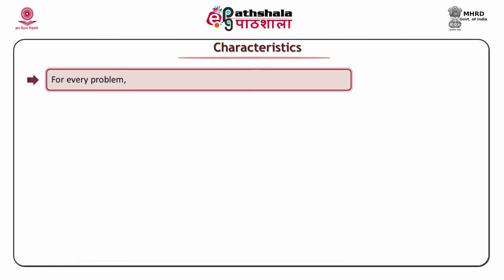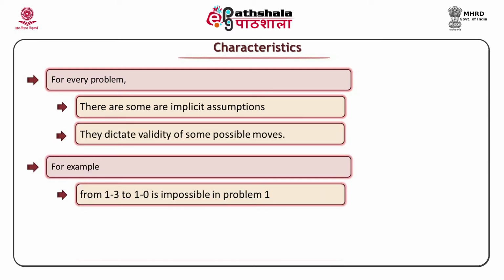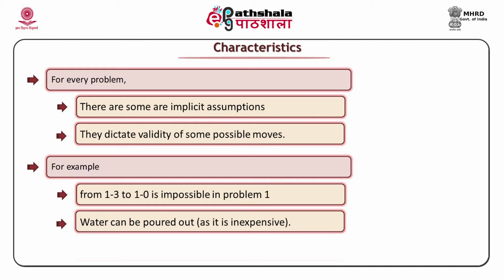Not only that, for every problem which we take, there are some implicit assumptions. For example, even when I am dealing with this most trivial of problems, we have some implicit assumptions. When we are talking about the water jug problem, we think that the water is available, and we can pour the water out of the jug. In fact, in our solution, you probably have seen, there are a few places where we are just pouring water out of the jug, because water is inexpensive, which is not stated in the problem itself, but we assume that.